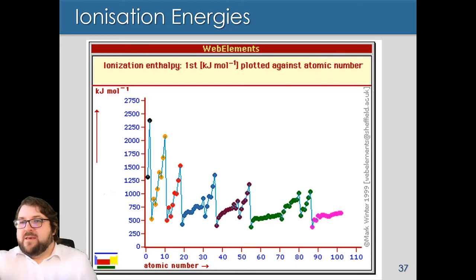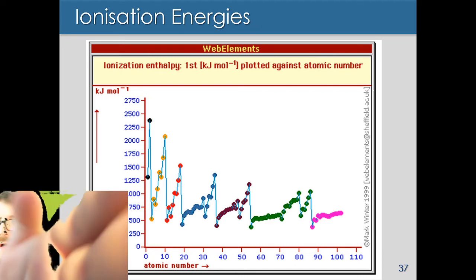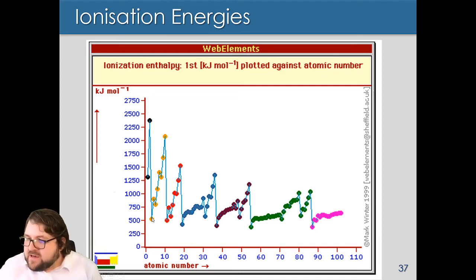Just very quickly going to plug this in. Okay, so what about that more complex structure? What about here, where it goes lithium, beryllium, and then boron all of a sudden? So what does that suggest?